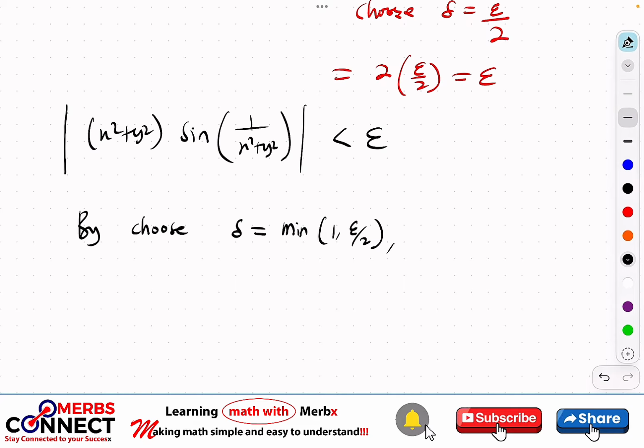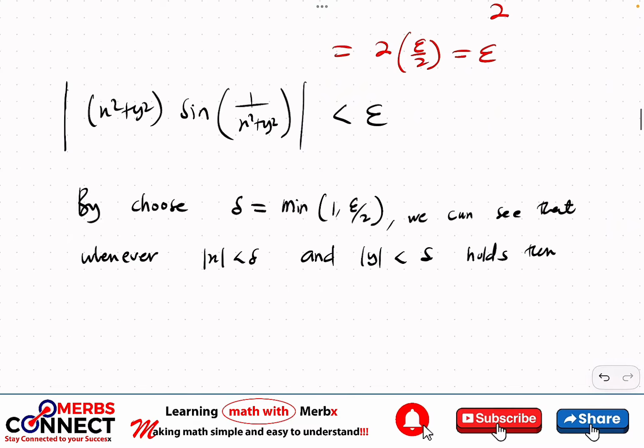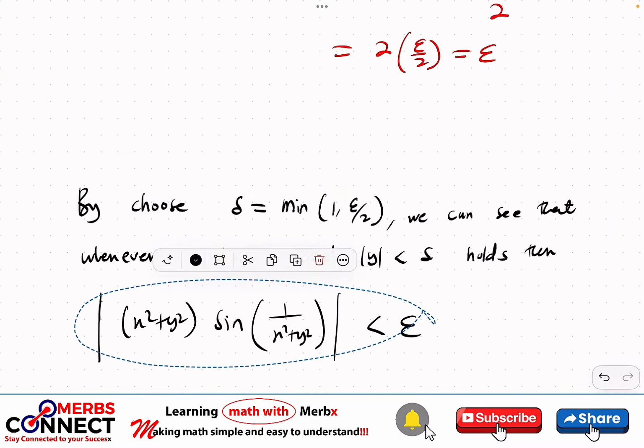So by choosing this, we can see that whenever absolute of x is less than delta and absolute of y is less than delta holds, then this one is true.